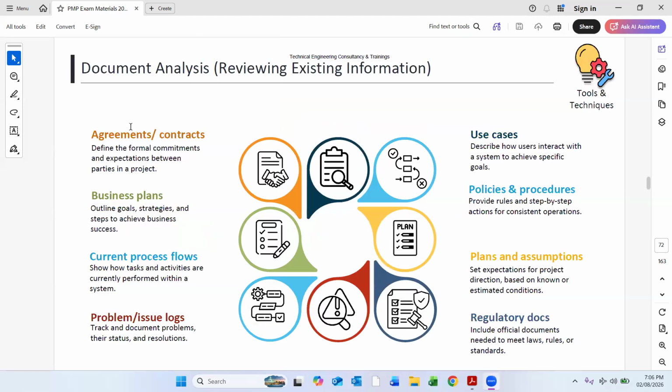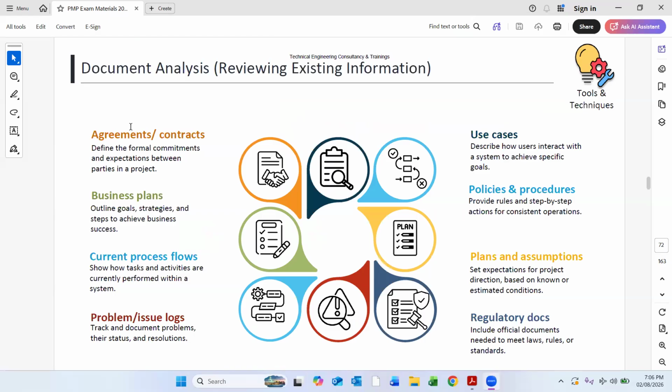Document analysis, reviewing existing information. How we analyze the existing information, like agreements and expectations between parties in a project. So their documents are being reviewed, the existing information is being reviewed again. Business plans, like goals, strategies, and steps to achieve business success, are called business plans.